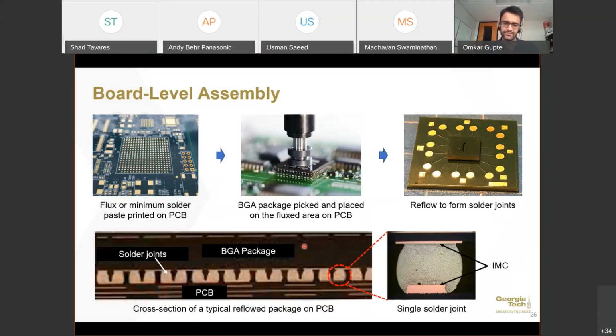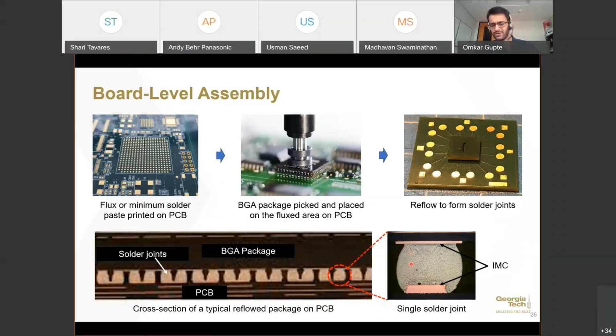When we look at the cross section of a BGA package, we'll have an array of these solder joints, and this is what an individual joint would look like. At this point, we need to realize that at every reflow, more and more intermetallics are formed at this interface.